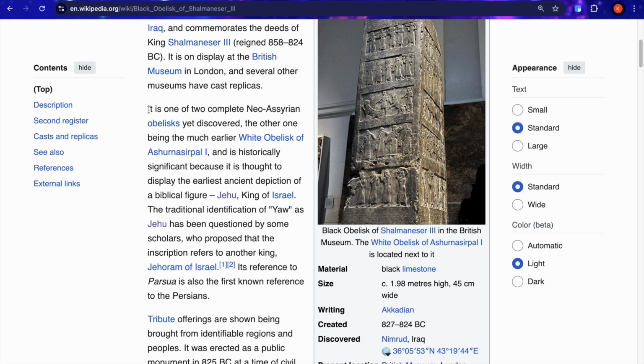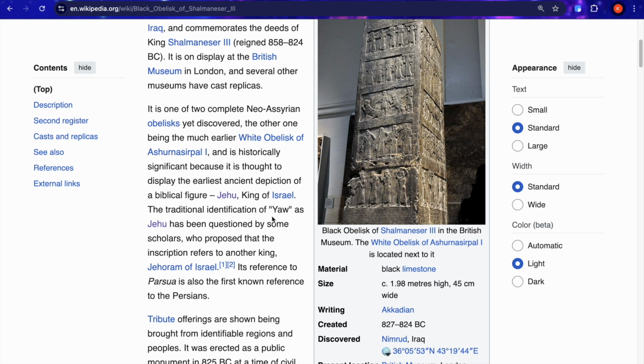It says, it is one of two complete Neo-Assyrian obelisks yet discovered, the other being a much earlier white obelisk of Ashur-nasirpal I, and is historically significant because it is thought to display the earliest ancient depiction of a biblical figure, Jehu, king of Israel.